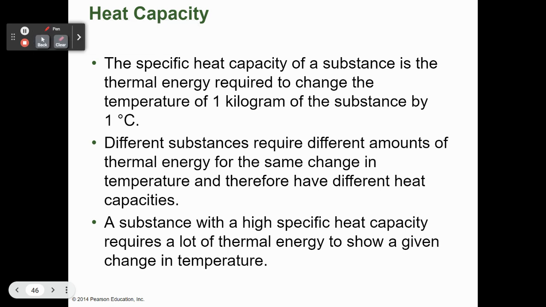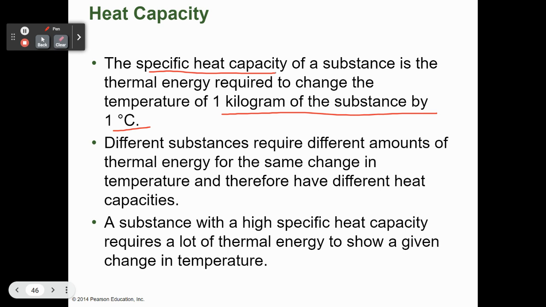The specific heat capacity of a substance is the thermal energy required, again, to raise the temperature of 1 kilogram of that substance 1 degree Celsius. So that's specific heat. How much energy do I have to put in to raise the temperature of 1 kilogram of that substance 1 degree Celsius?